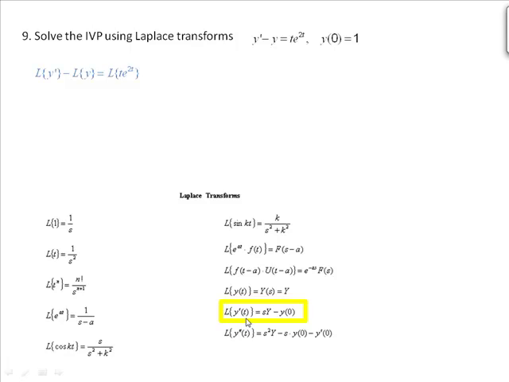So we'll start with the Laplace of y prime is s times y minus y of 0. And then the Laplace of y is just y. And the Laplace of t e to the 2t is this first shifting theorem.